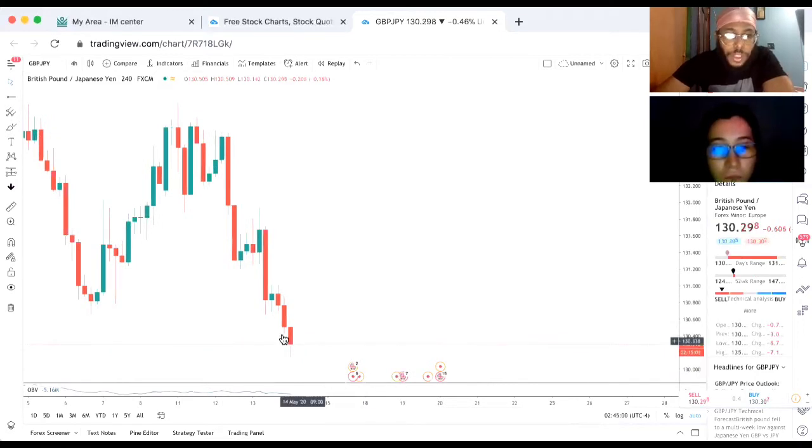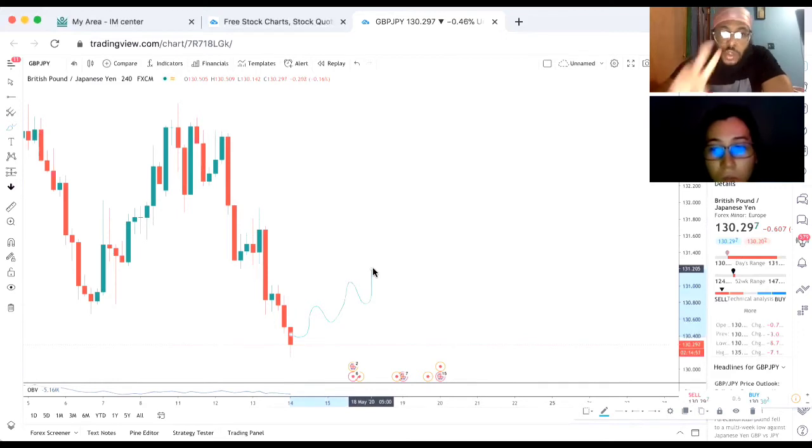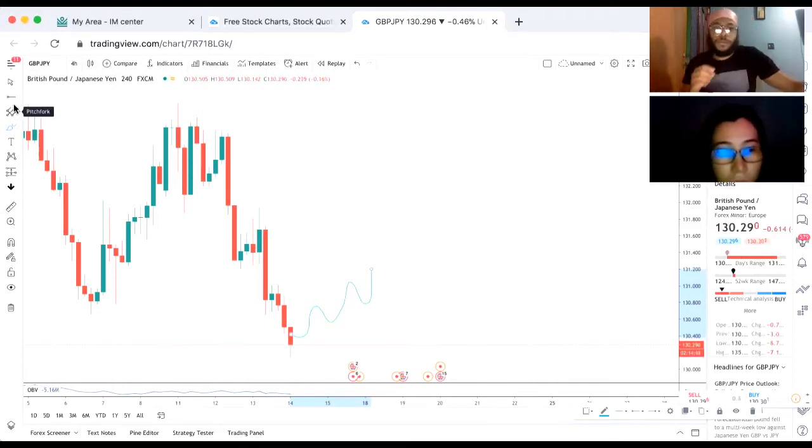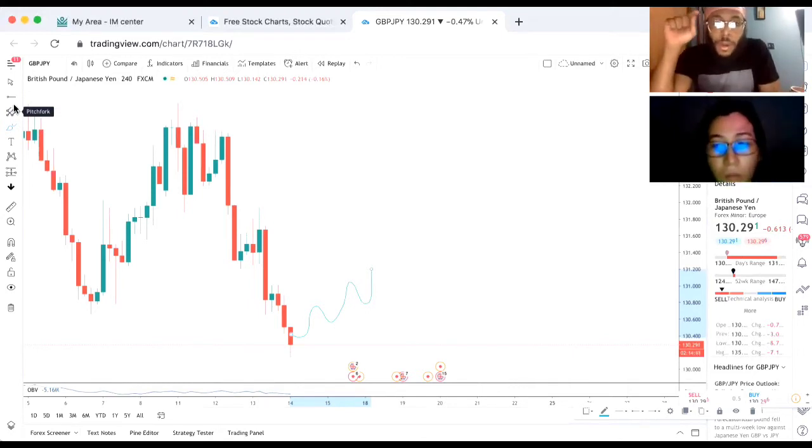If price were to start trickling up, where can we mark two points of interest? I see two points of interest that can be marked. Go ahead and take this tool and mark the two points of interest. So meaning if price goes up, where is it likely to react from? Where is it likely to push down from?